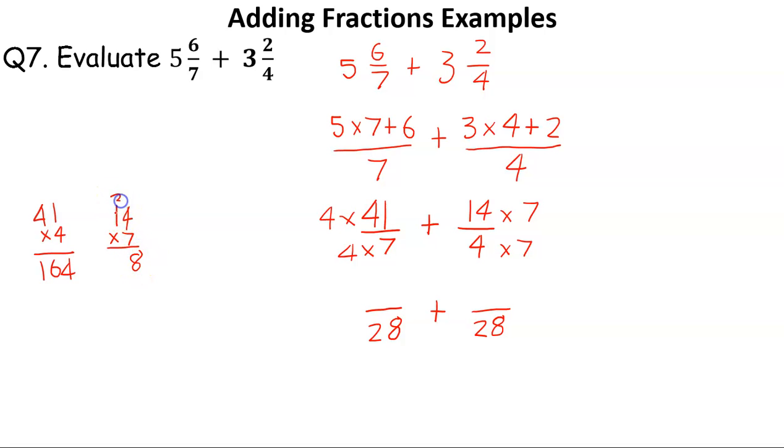Carry the 2. 1 times 7 is 7, plus 2 is 9. So I've got 98. So this becomes 164, because 41 times 4 is 164. 14 times 7 is going to be 98.